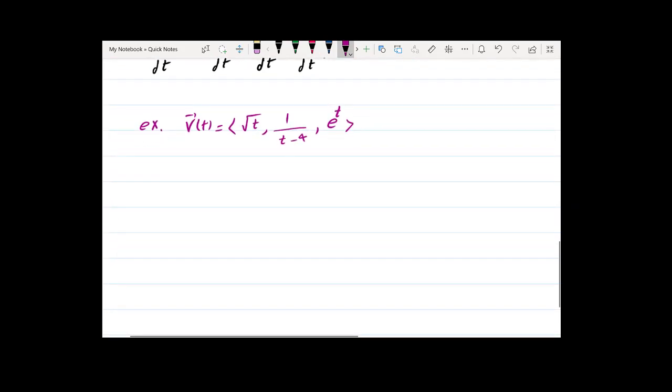If the derivative of r exists at t, we have derivative of r with respect to t is equal: derivative of square root of t is 1 over 2 times the square root of t. Derivative of this fraction is negative 1 over t minus 4 squared, and derivative of e to the t is itself.